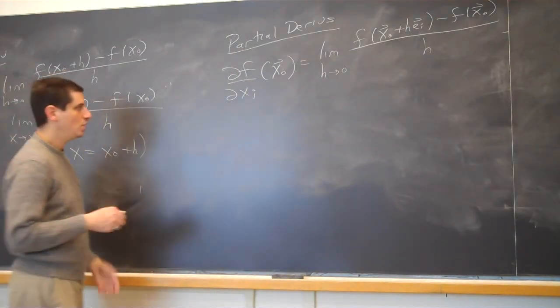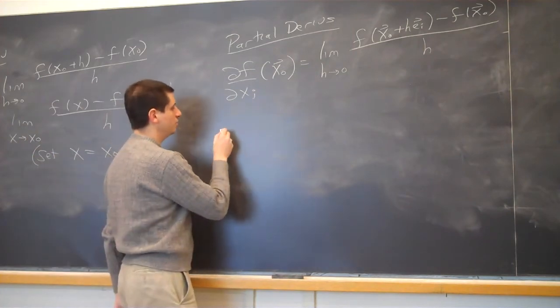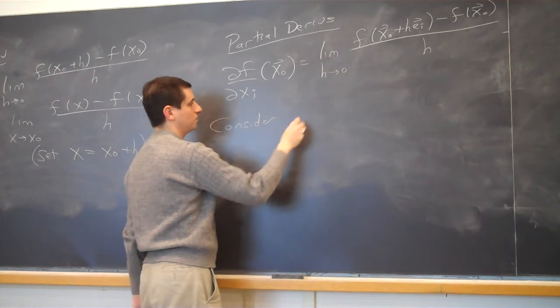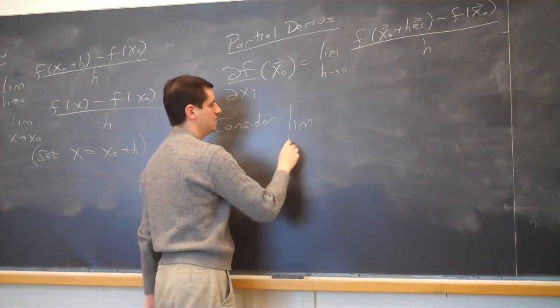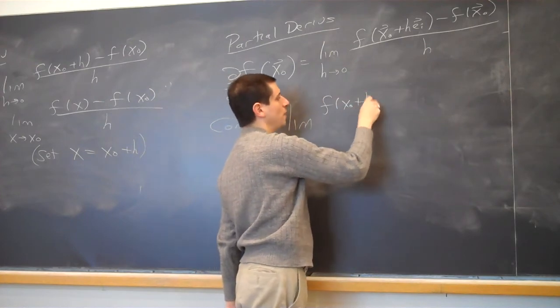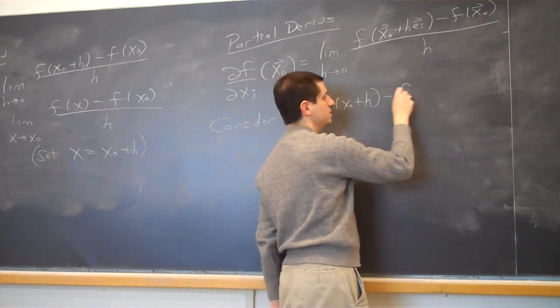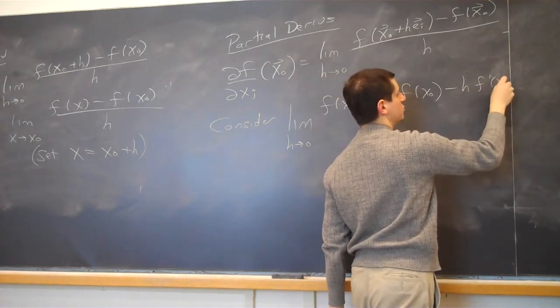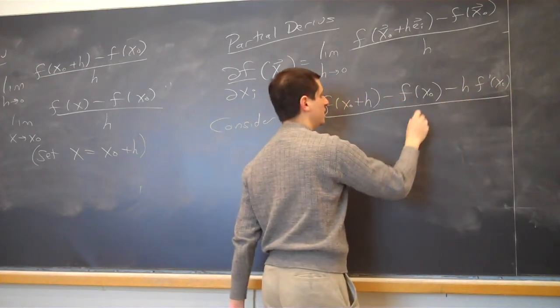Okay? So now, what we're going to do is consider the following. The limit as h goes to 0 of f of x0 plus h, I'm going to go back to one dimension, minus f of x0 minus h times f prime of x0, divided by h.